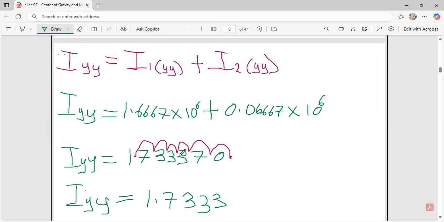Because I want to leave my answer in four decimal places, this digit is more than 5, so I have to round it up to make it 4.